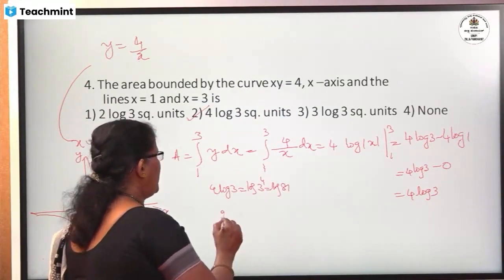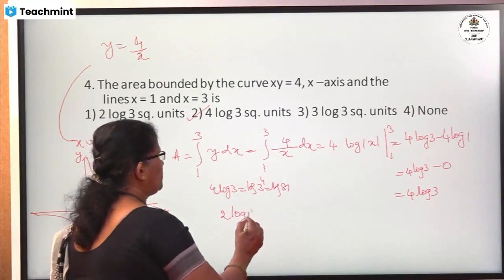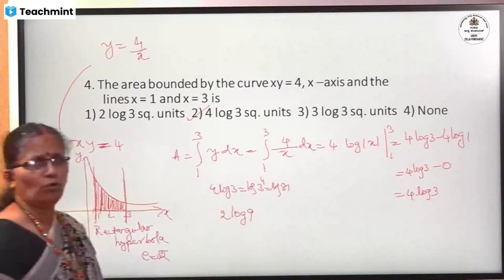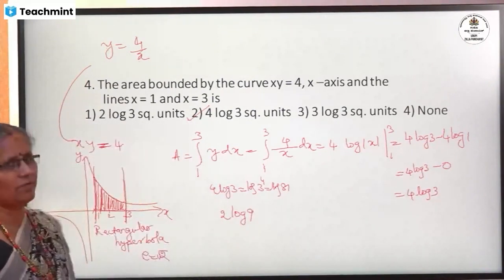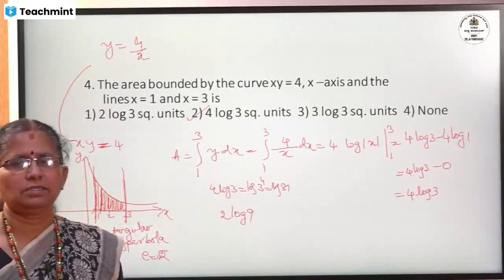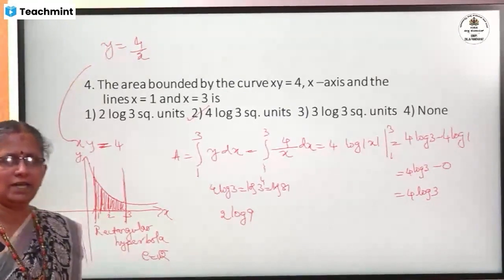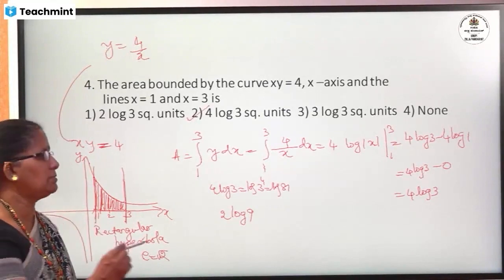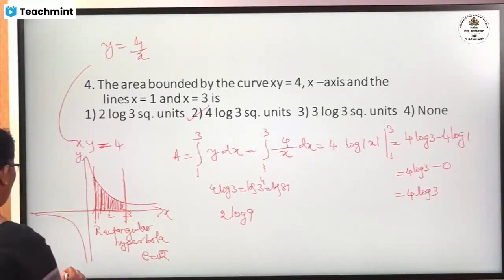Or they may even give 2 log 9, because this 4 I can write as 2 into 2, and one 2 I will shift to the power of 3, so it becomes 2 log 9. Similar questions will be repeated, with some twisting. So if you are thorough with the concepts, you can easily do it.